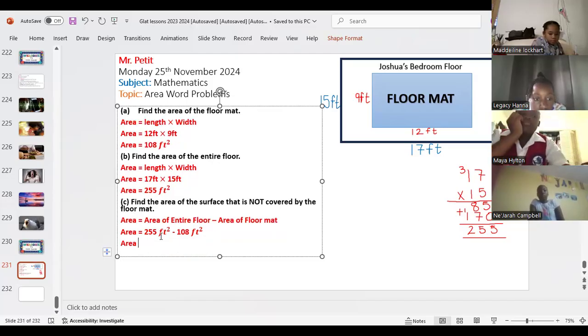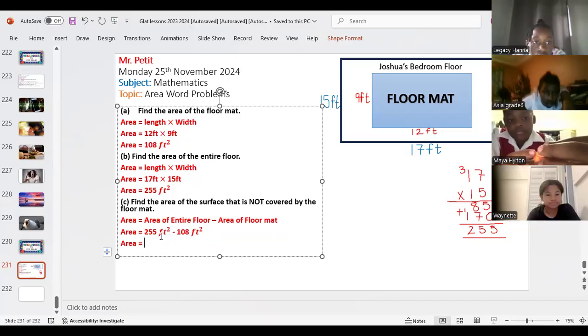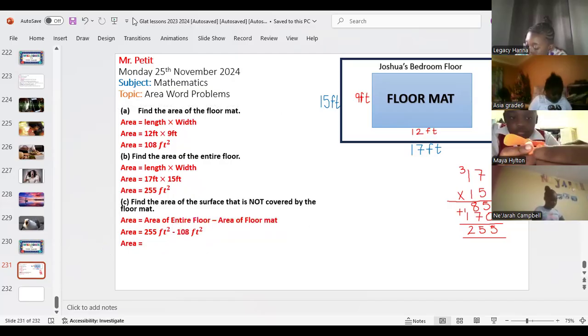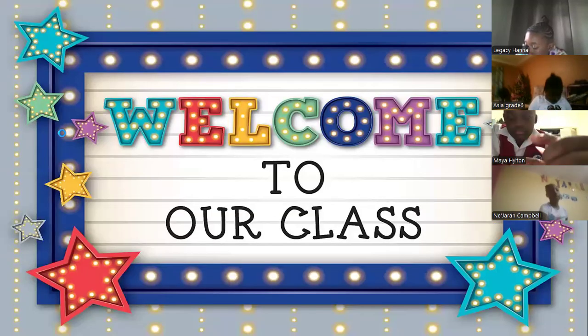So the area is going to be equal to 255 minus 108. What do you get when you subtract them? 147 feet squared.